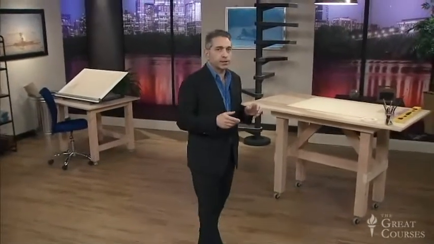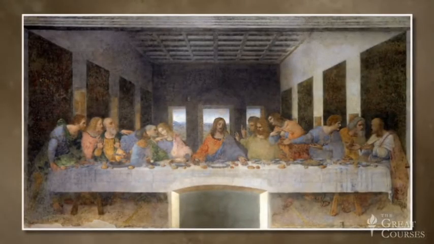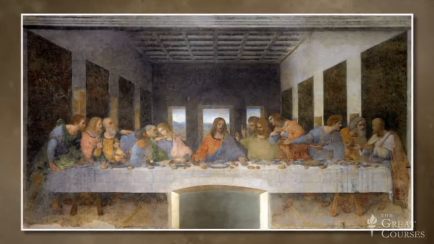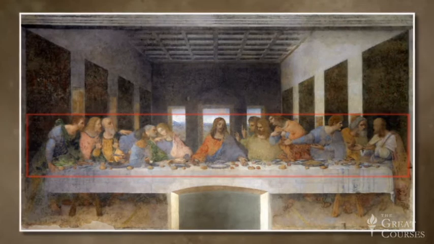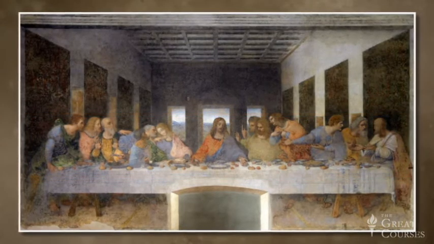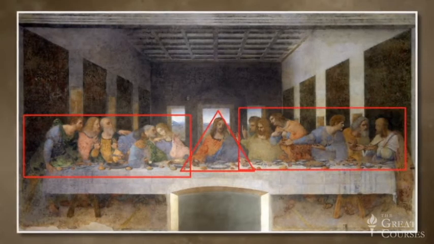Let's jump ahead another 200 plus years to Renaissance Italy. Leonardo's Last Supper is surprisingly similar to the Song Dynasty court ladies, in that the figures form a long rectangular grouping with clear subgroupings. Reading left to right, we can see this as a rectangular group of 6, a triangle of 1, and a rectangle of 6.